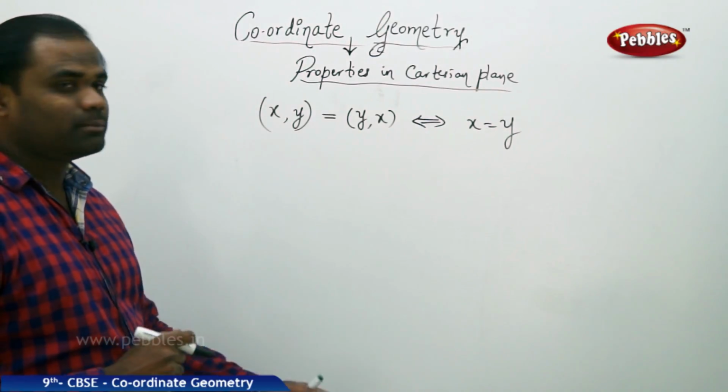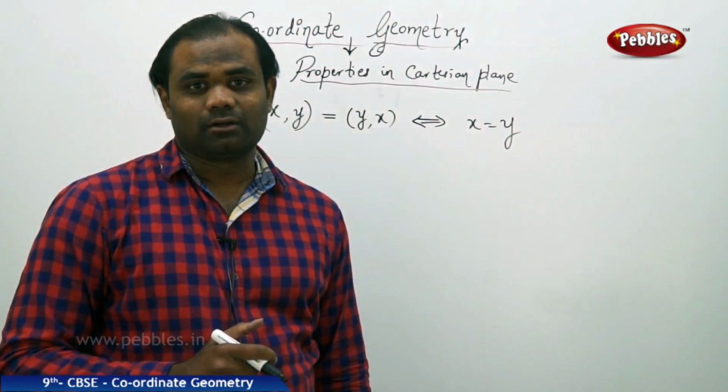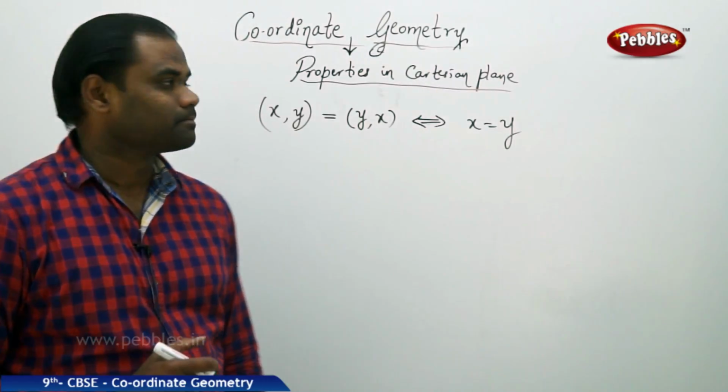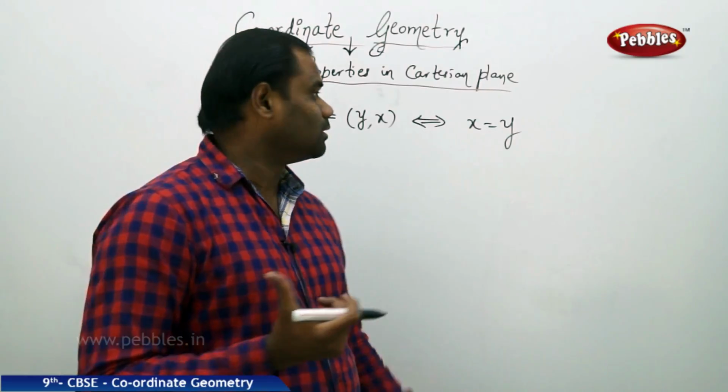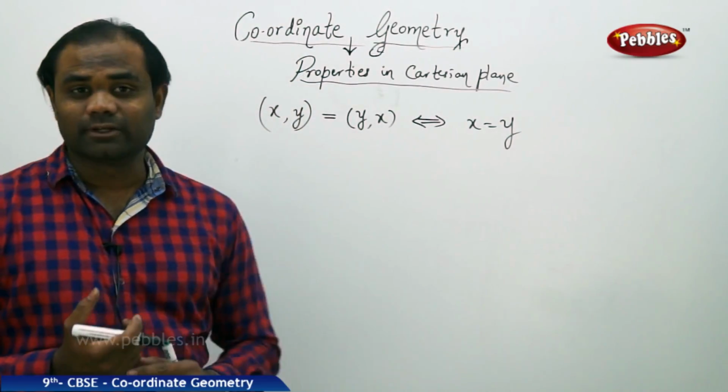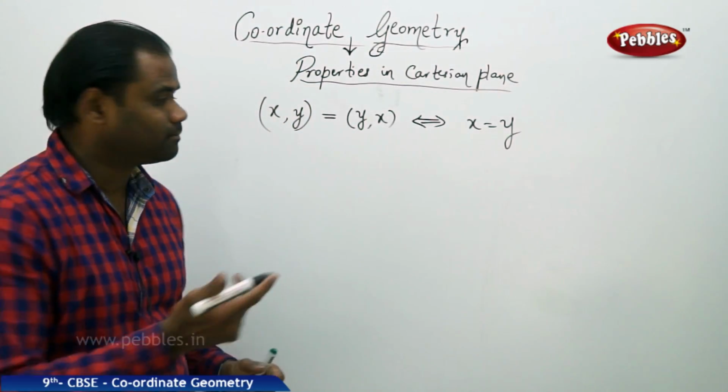This property can never be true if they are not equal. They have to be equal. If the abscissa and the ordinate are equal, only then does the reversing property hold true.